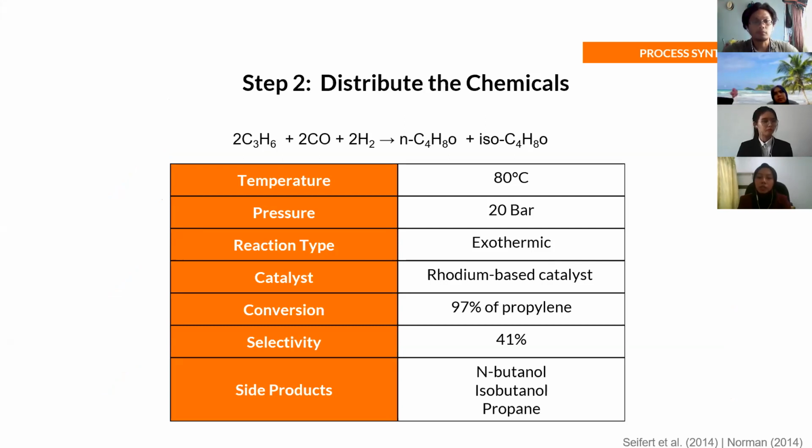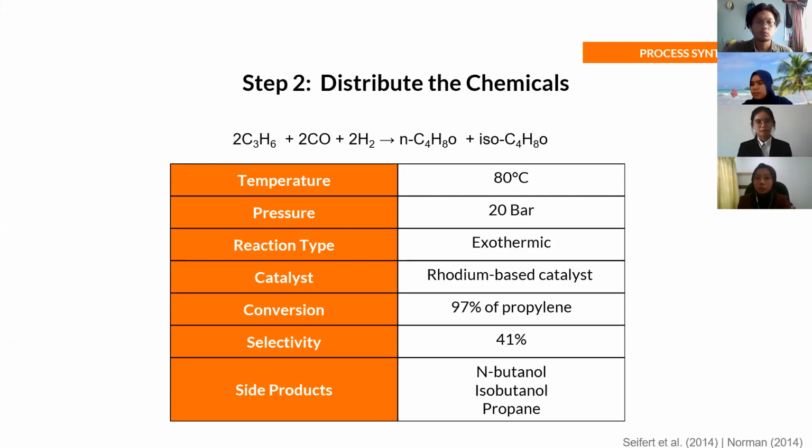This step requires us to calculate the overall mass balance. So here is the detail of our reactions. Here is our chemical reaction, and the temperature condition is 80 degrees C, pressure 20 bar, and our reaction is an exothermic reaction. This reaction needs a catalyst, which is a rhodium-based catalyst, because this catalyst can increase the conversion to 97% of propylene and increase the selectivity of isobutanal to 41%.